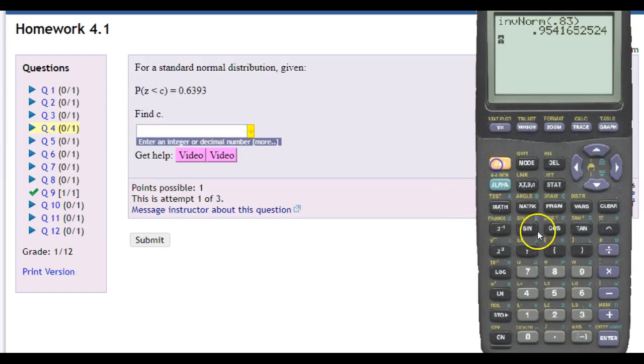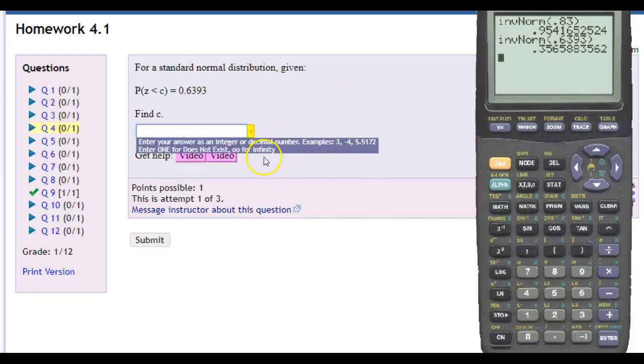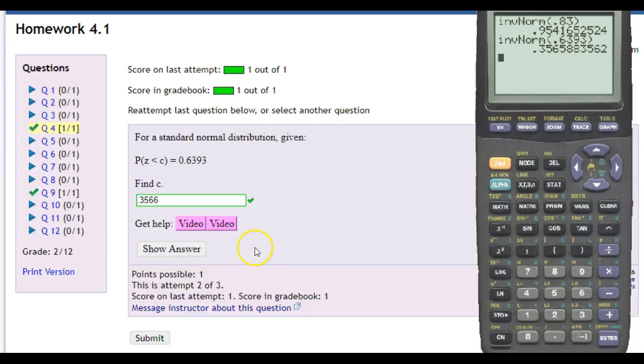That would be 0.6393. Or a decimal number. So maybe this one doesn't make much of a difference. 0.3566. Okay, so maybe it doesn't make much of a difference for this one.